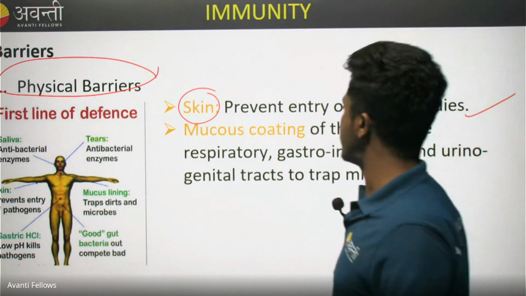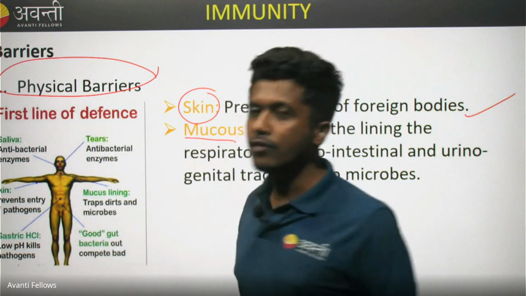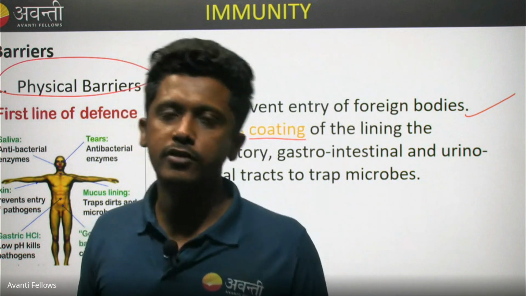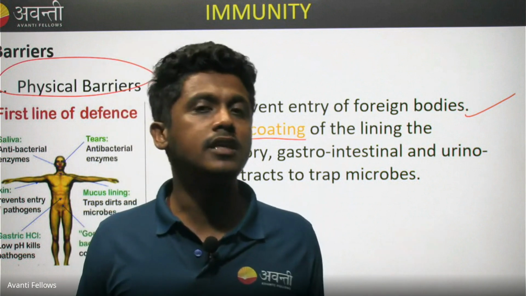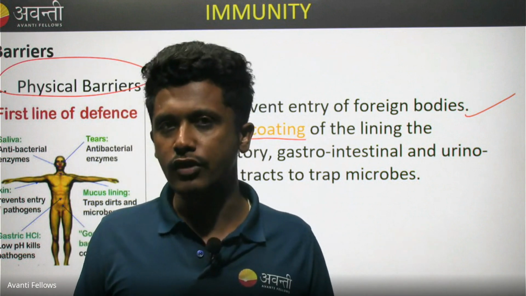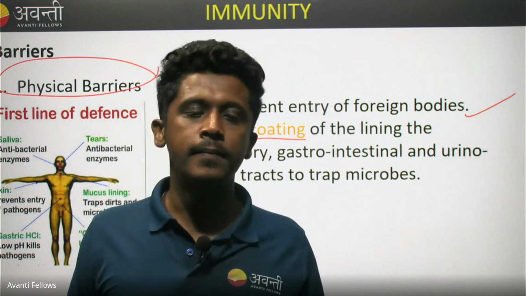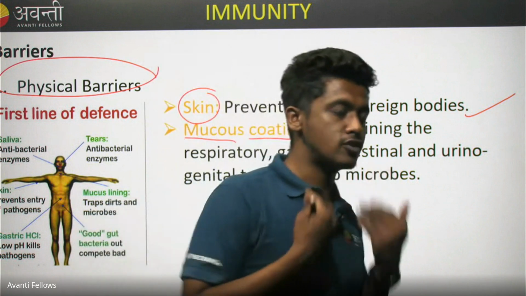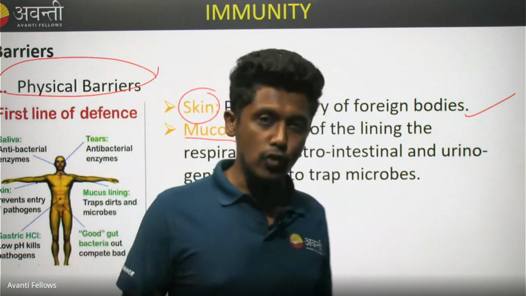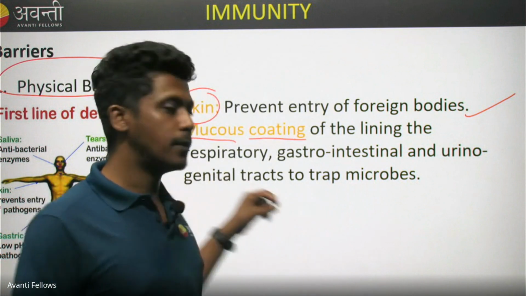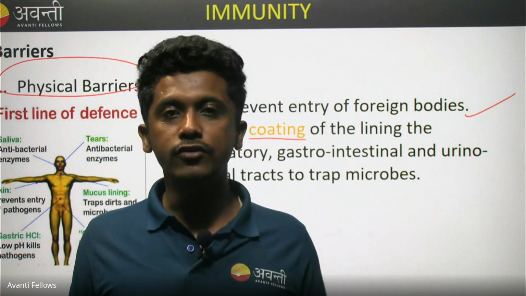Now, coming to another type of physical barrier: the mucus coating. While we were studying human physiology, especially the digestive system and respiratory system, and even in the third chapter when we discussed the human reproductive system, one thing we observed is that the gastrointestinal tract, the urinogenital tract, or the respiratory tract is lined by a special type of epithelium which produces mucosa.